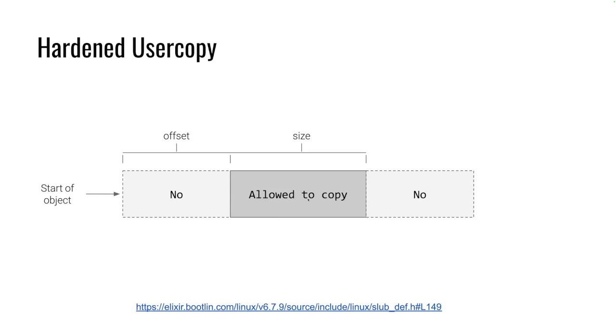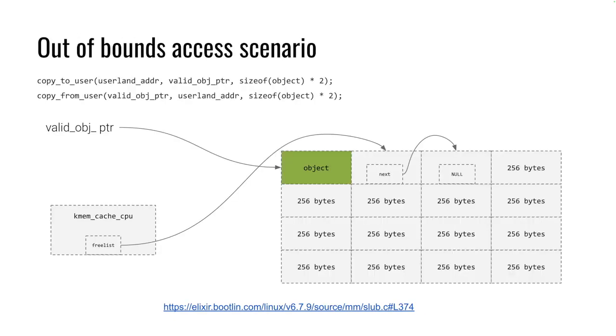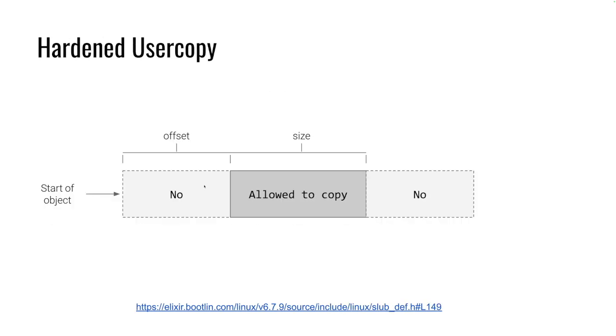If somehow the attacker was able to manipulate these values so that copy to user or copy from user was accessing memory outside of this specifically defined range of the kernel object, then it would fail.